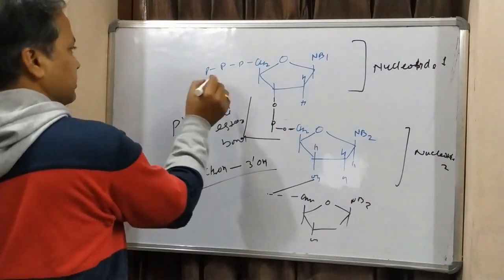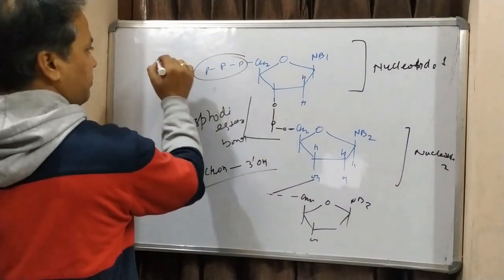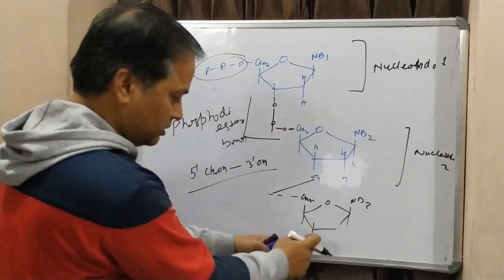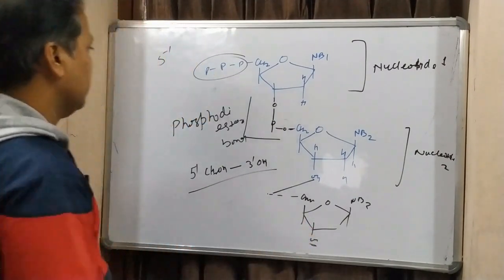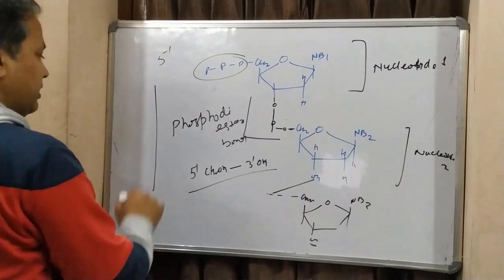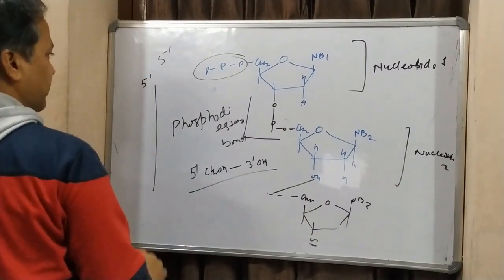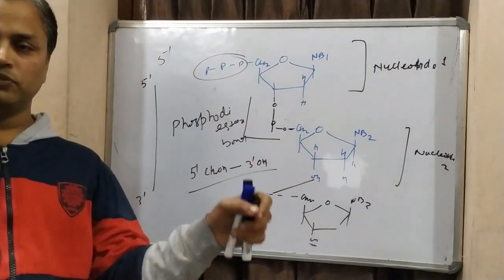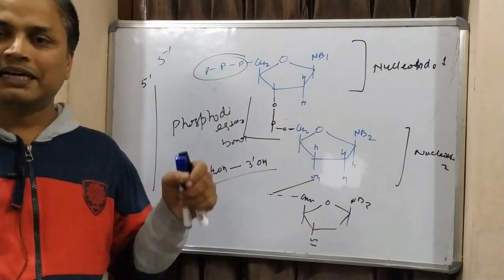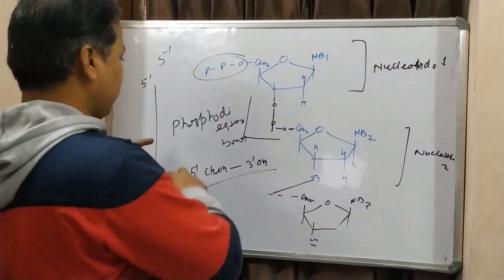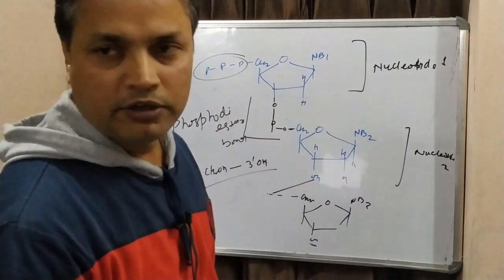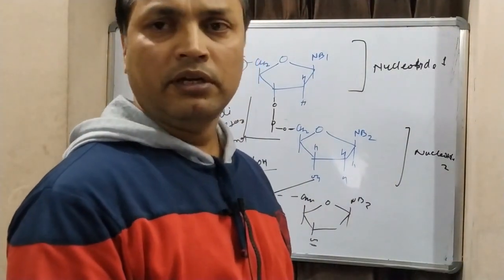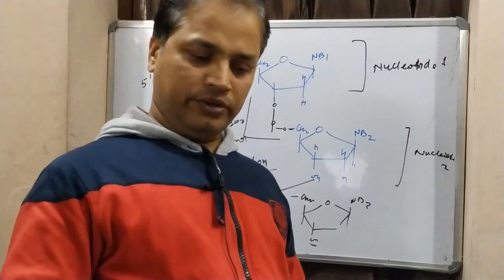In one strand, the 5' phosphate is free at one end, and at the other end the 3' OH is free. So DNA has 5' on one side and 3' on the other. This is called one strand of DNA, and this is the 5' to 3' direction. Similarly, we have multiple other strands, with 5' to 3' phosphodiester bonds.